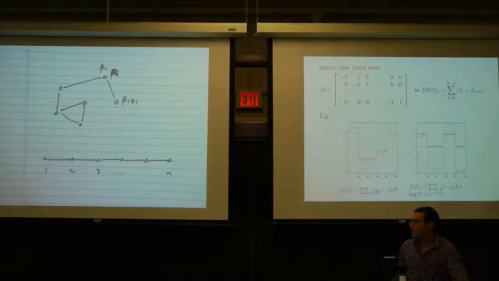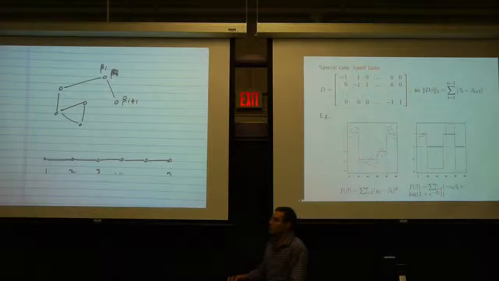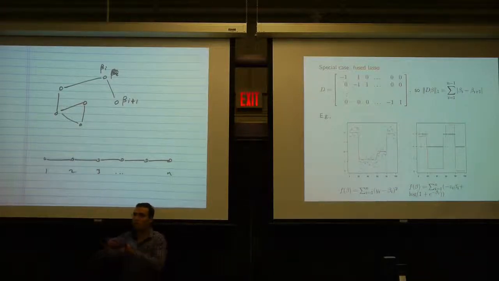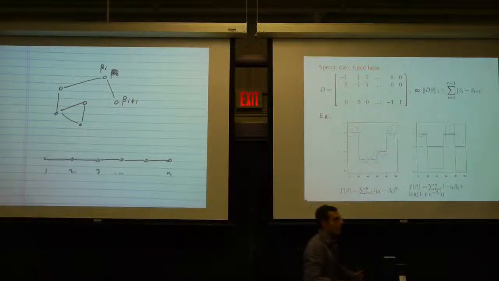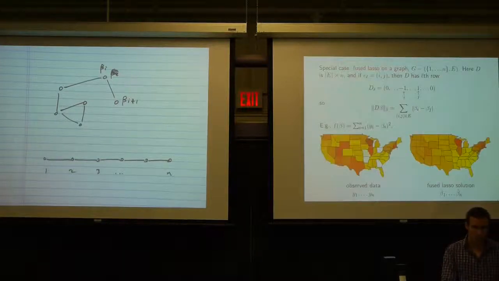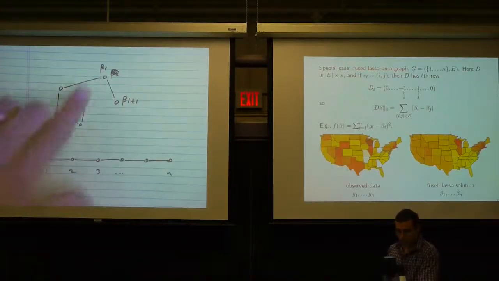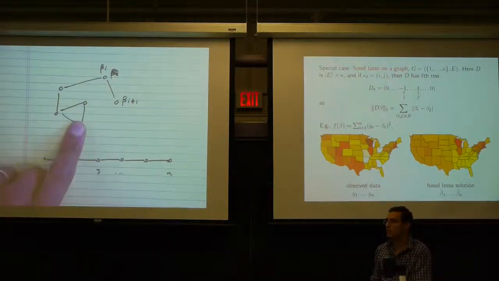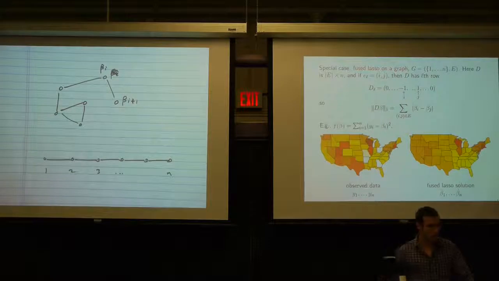Where being piecewise constant over this graph just means it's piecewise constant over this line. That's just the special case. But more generally, I may believe that there's some underlying graph structure that gives me some information about the problem. And if I want to fit a coefficient vector beta that's piecewise constant over the edges defined by this graph, then I could do that with the same setup.